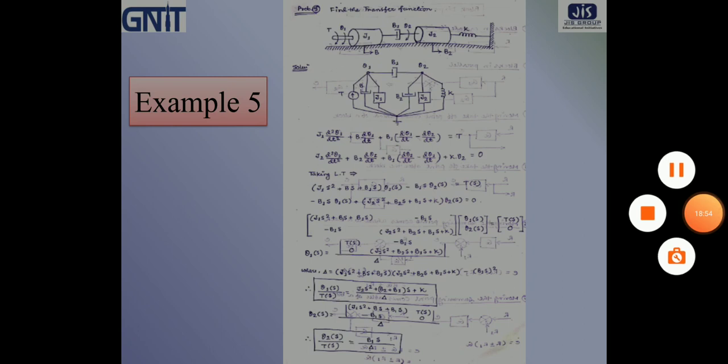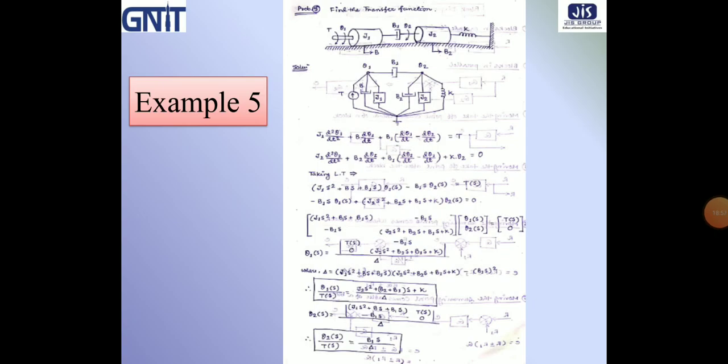Here we use the matrix method, that is Cramer's rule. If we use Cramer's rule, then it will be much easier to understand and solve the transfer function very quickly.